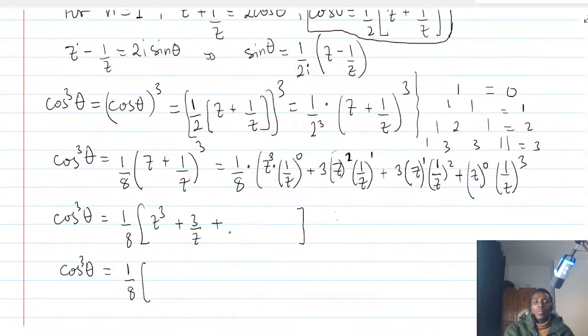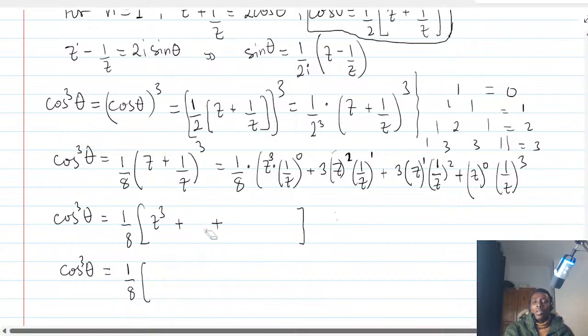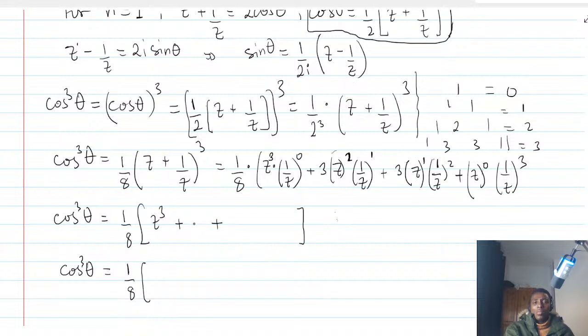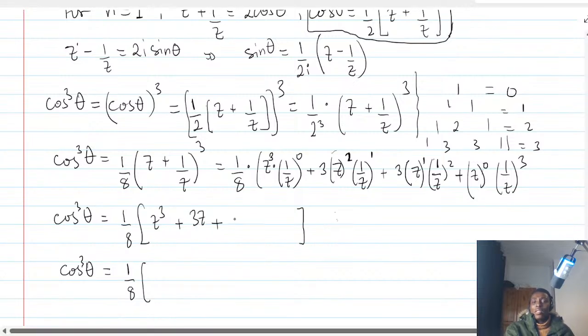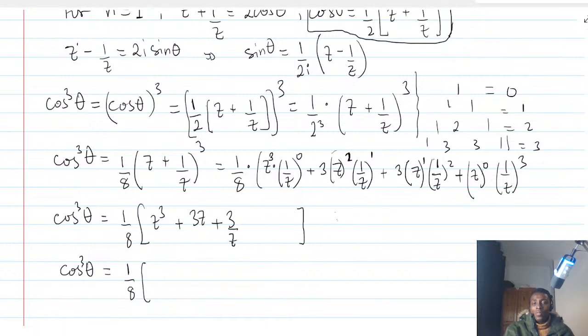So it's supposed to be z cube plus 3z plus 3 over z.